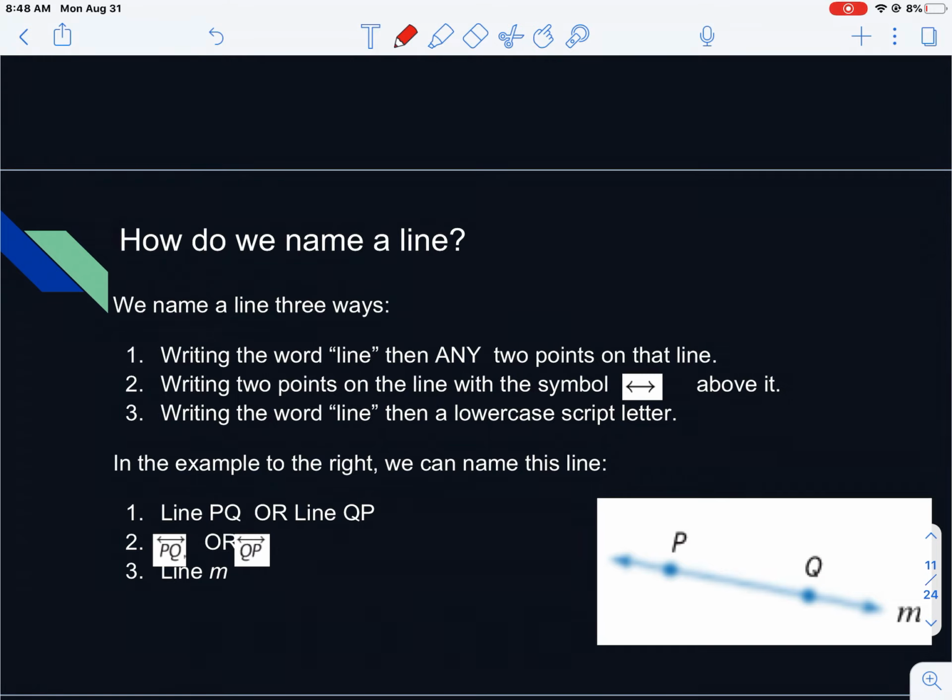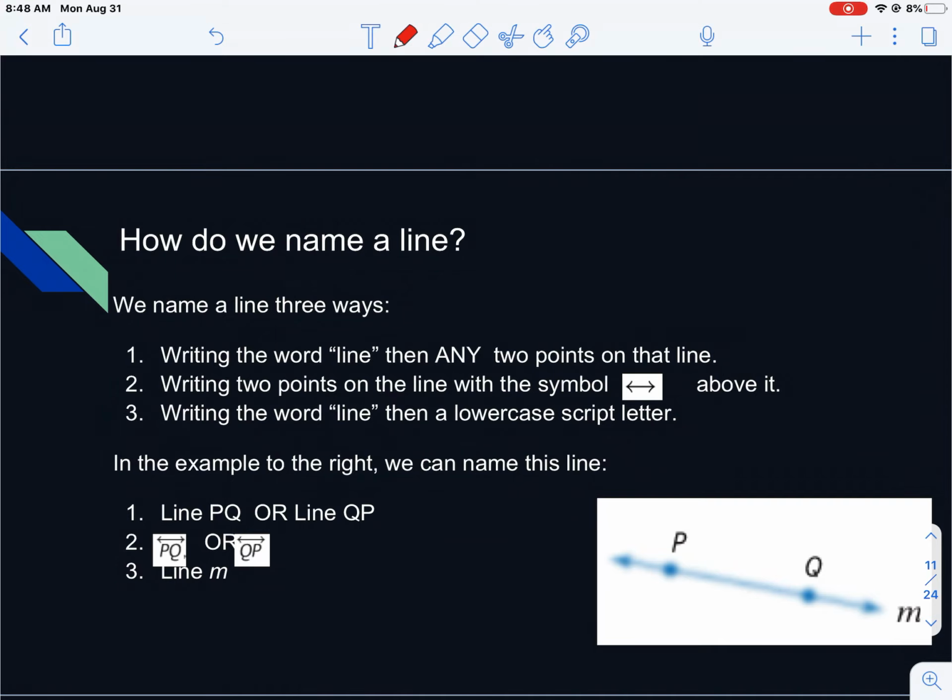So how do we name a line? Well, there's 3 ways to do it. Number 1, write the word line, then any 2 points on the line. So, for example, look down below. You see line PQ or line QP. Number 2, you can write the 2 points on the line with the symbol, with the double arrow pointing both directions, above it.